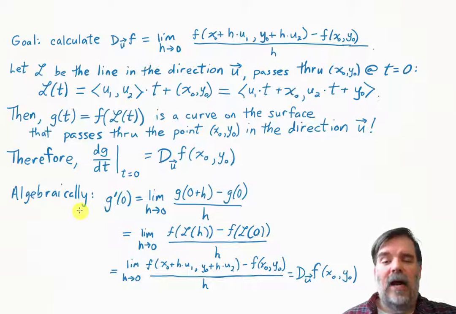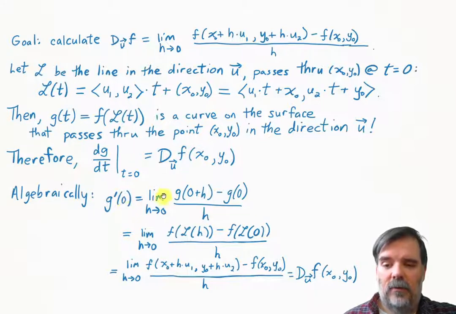If you prefer a more algebraic explanation, if you wanted to calculate the derivative of g at time 0, you'd again use this limit as h goes to 0. That's a difference quotient: g of 0 plus h minus g of 0, all over h. And 0 plus h is just h.